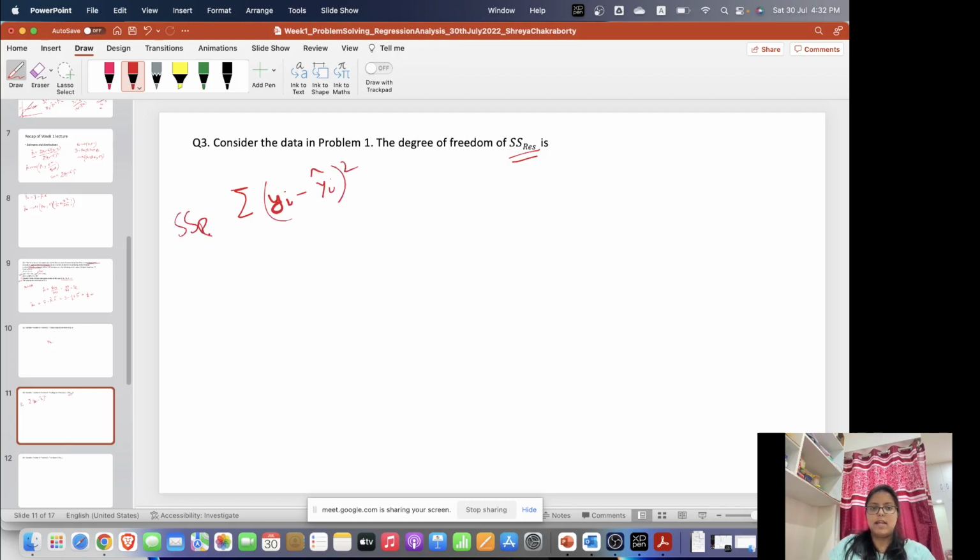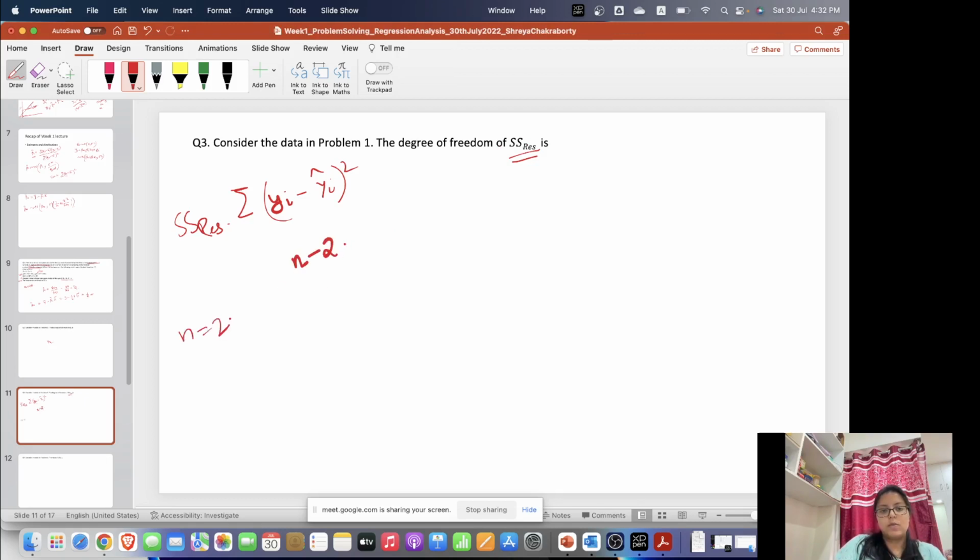This is my SS residual. So the degree of freedom of SS residual is n minus 2.